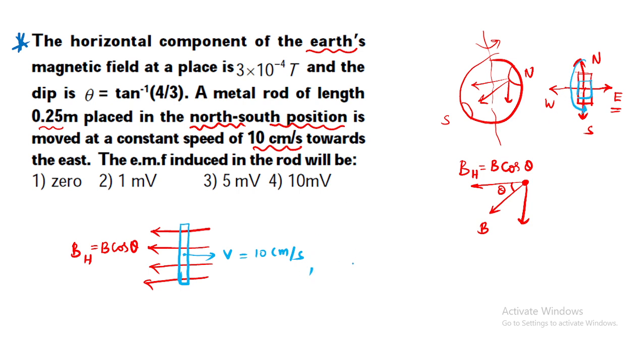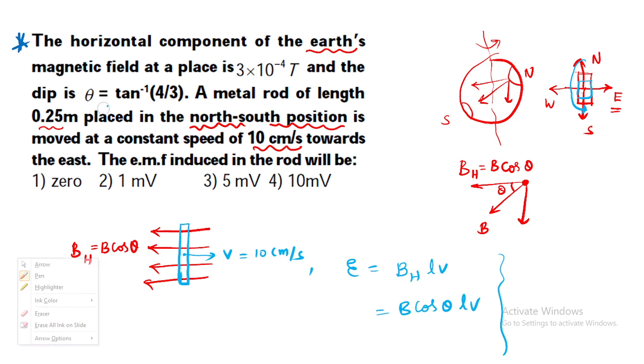So simply, EMF is equal to BLV, but here BHLV, that is B into cos theta into LV. Do it fast. Tan theta is already given, cos theta you find out. Tan theta is 4 by 3, so cos will be how much here?